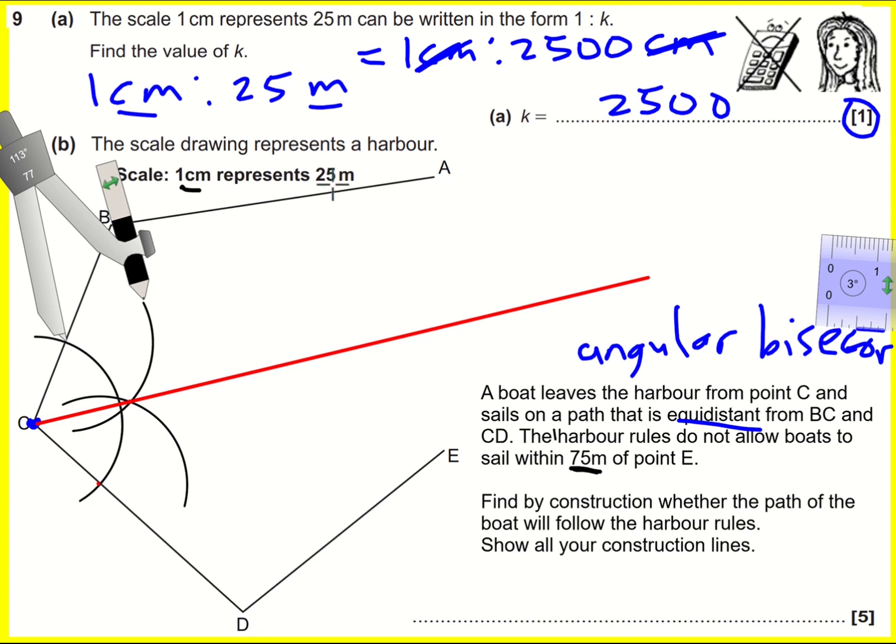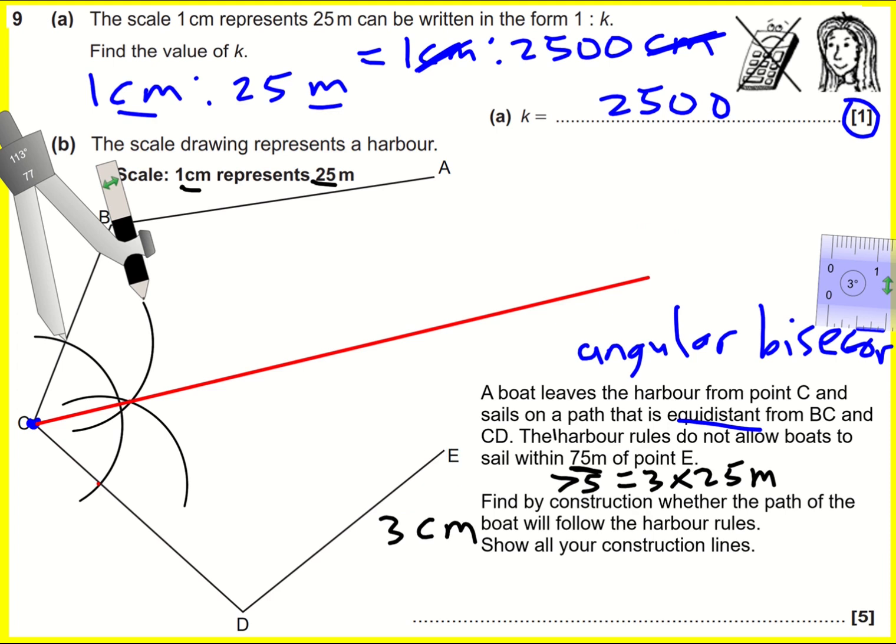Well, 1 centimeter represents 25 meters, so 75 is 3 times 25 meters. So basically I need to do 3 centimeters. I need to find all the points that are 3 centimeters from E. I'm going to write it down here.